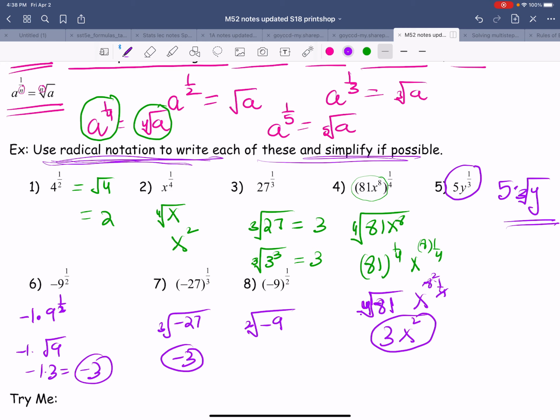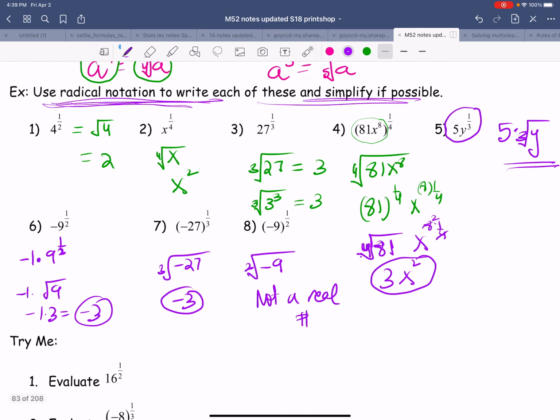Not really, because 3 times 3 gives me positive 9, and negative 3 times negative 3 also gives me positive 9. So there is no real number multiplied with itself that gives me negative 9. This one is not a real number. We have talked about complex numbers: when you have a negative inside an even root, your solution is not a real number. It is an imaginary number, a complex number.